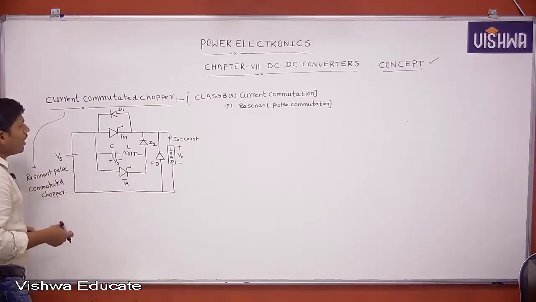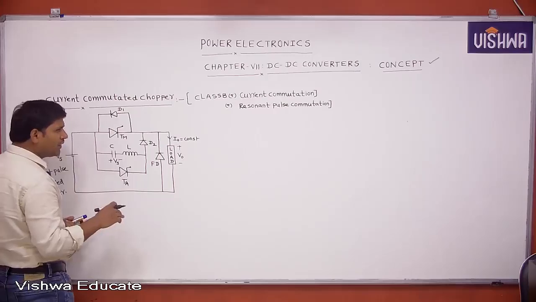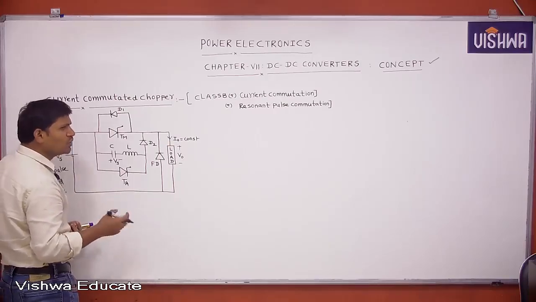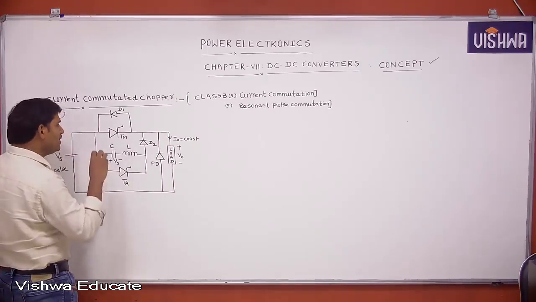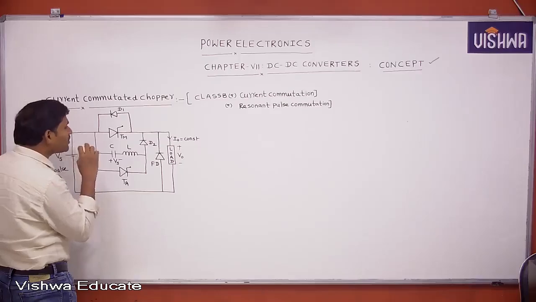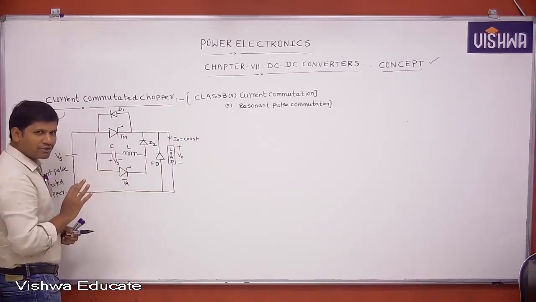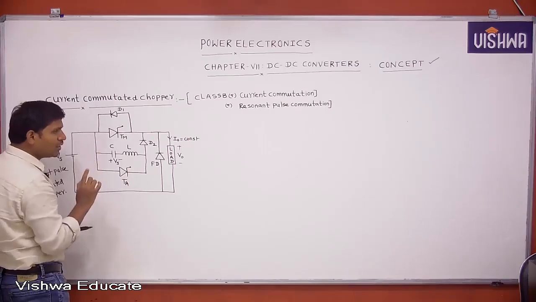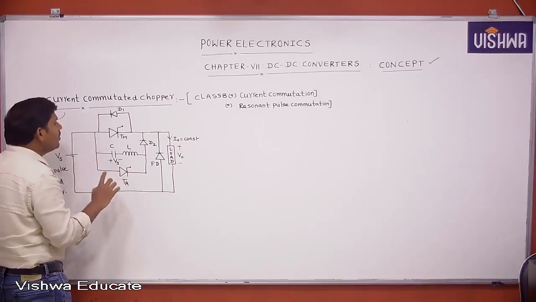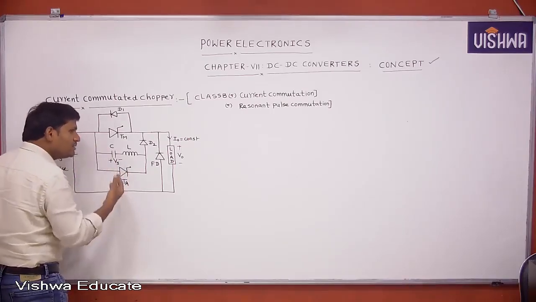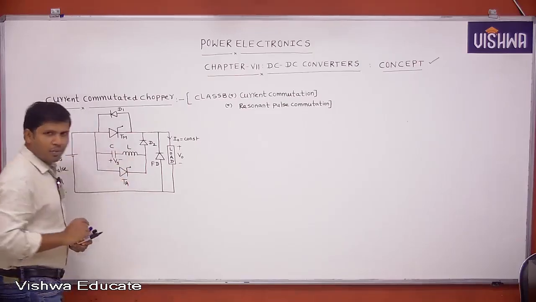Now see, what is the operation of this circuit? I don't want to draw the equivalent circuit, mode 1, mode 2, mode 3, no need. Just listen to whatever I am explaining about the operation and we will clearly understand. No need to write any points regarding the operation also, just one statement I want to write. Based on the operation, whatever points you can summarize are important from the commutation point of view.